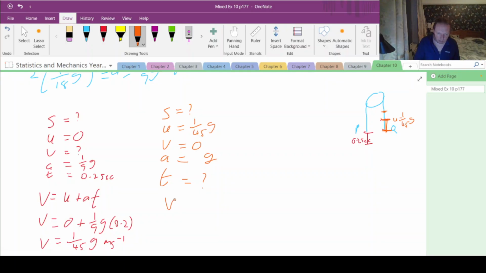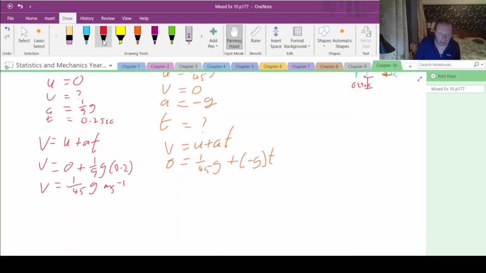So again, we can use v equals u plus at. So 0 equals 1 over 45 g plus acceleration. Now acceleration is minus, because we're slowing down, minus g times t.